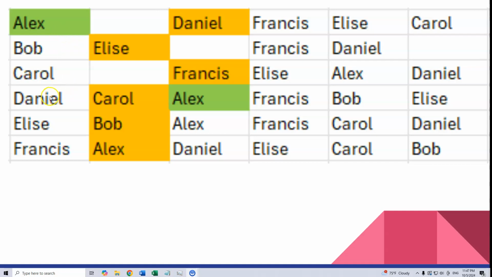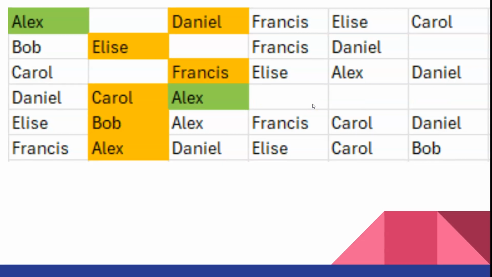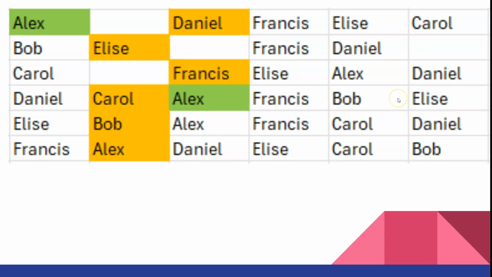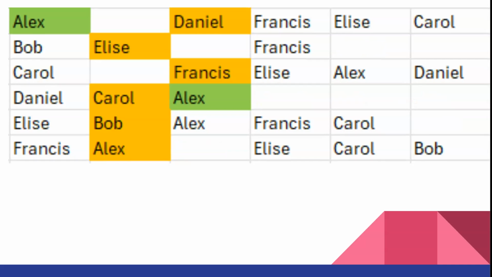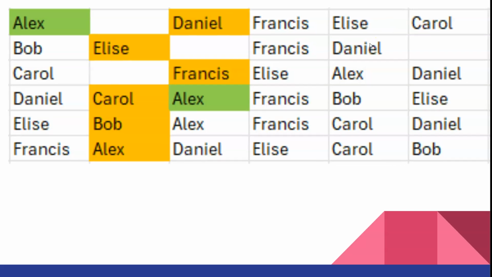Since Alex is making a proposal to Daniel, we can remove all of the people on Daniel's preference list that are ranked below Alex. We can remove all three of these, so Francis, Bob, and Elise. And then we can also remove them from the corresponding other lists. Since Francis, Bob, and Elise were removed, we remove Daniel from Francis, Bob, and Elise's lists.